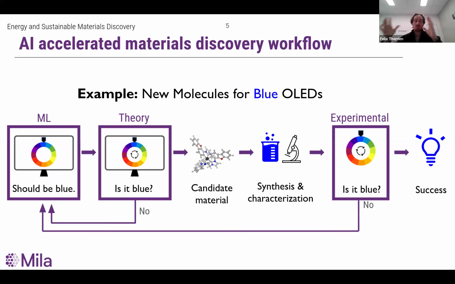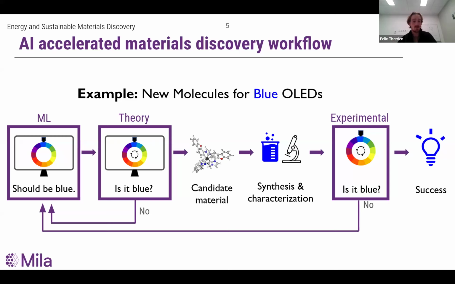So now you have this sort of workflow, which I think is the modern materials discovery workflow, AI accelerated materials discovery. You start with a machine learning model that generates materials or molecules that are supposed to be blue or supposed to have the property you want. Then you can do an extra step of checking if the theoretical models agree with that. But now you don't have to go through a whole database.